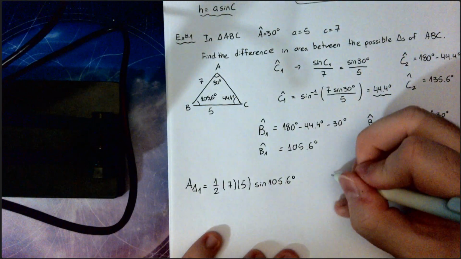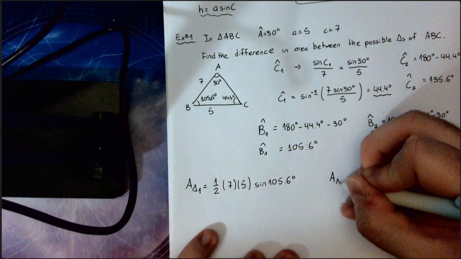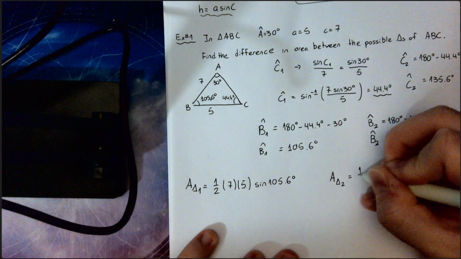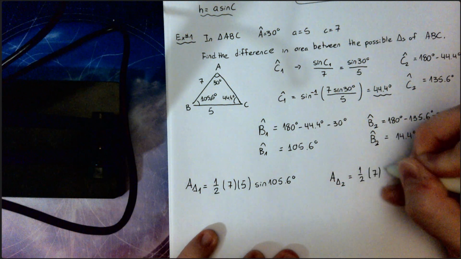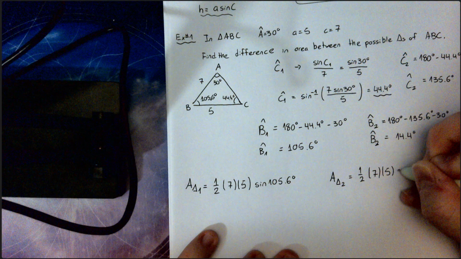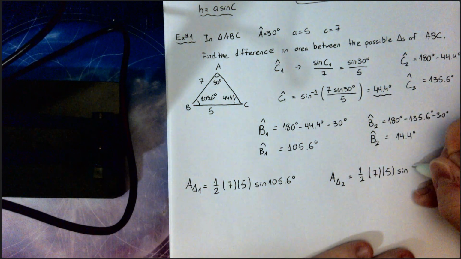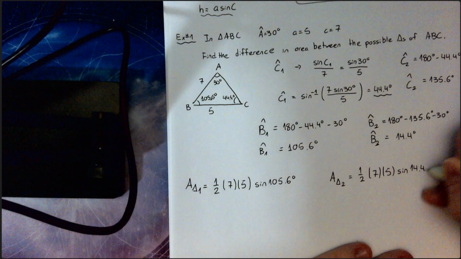And at the same time, the area of triangle 2 will be 1 over 2 times 7 times 5, and the sine of 14.4 degrees.